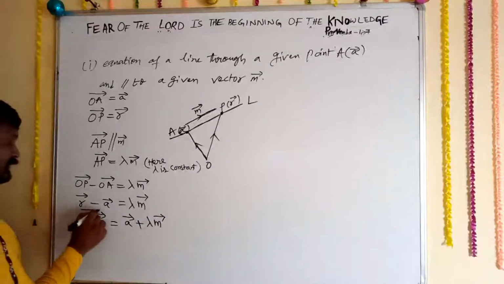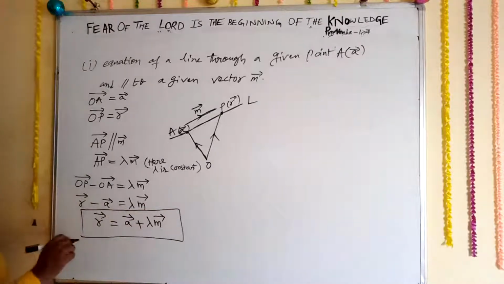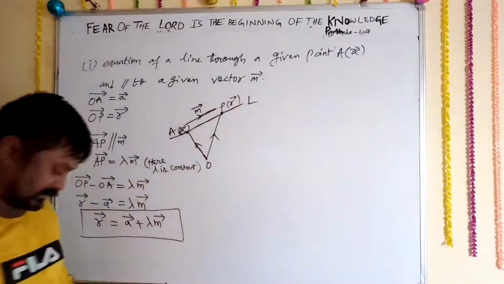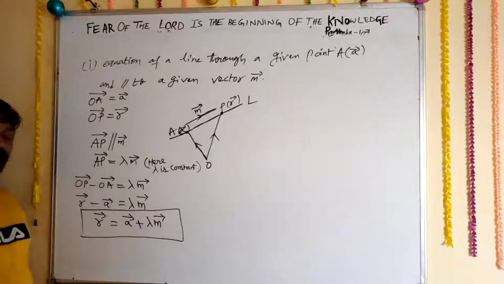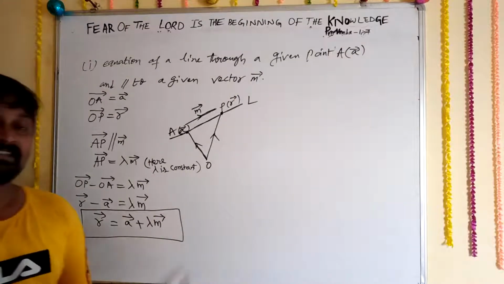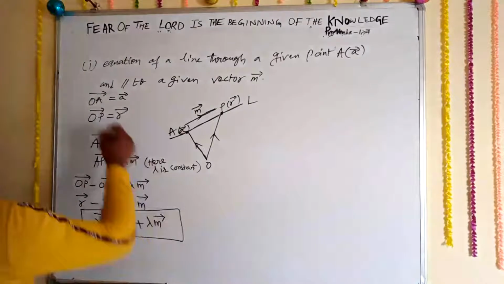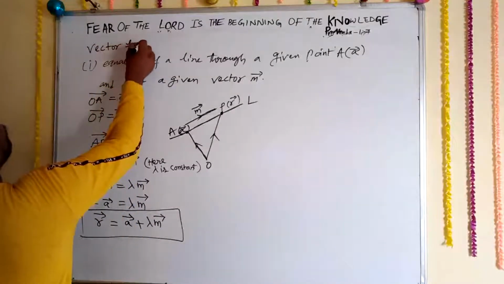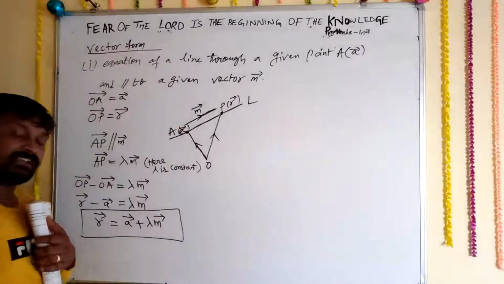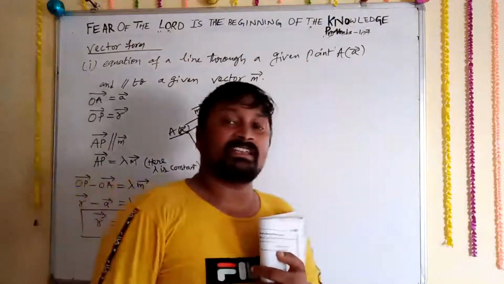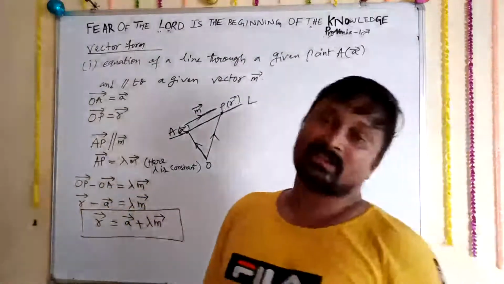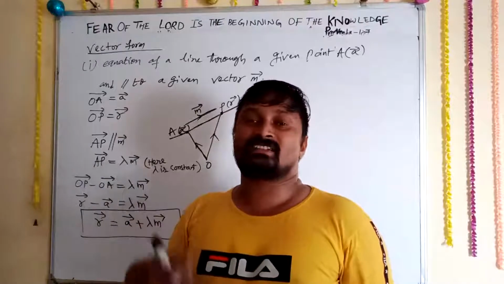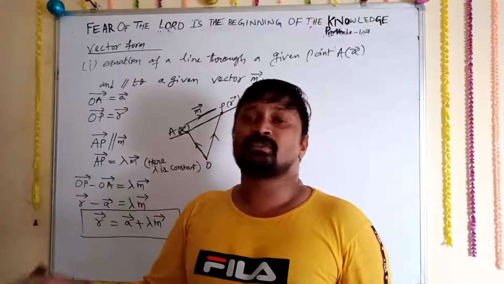So this is your equation of a line r. This form we can call the vector form, so this equation is the vector form equation. If you want the Cartesian form, that should be in the points form, like x1, x2, y1, y2, those points you have to get.